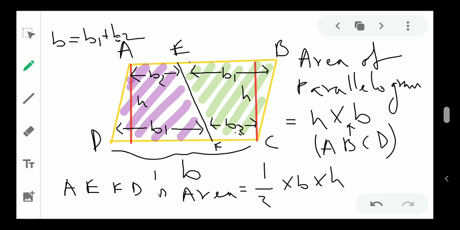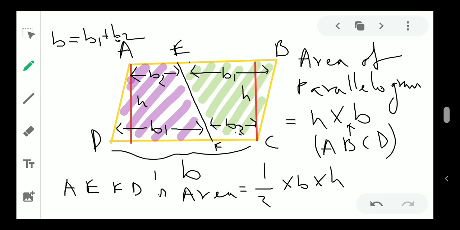So that's why we can write B is equal to B1 plus B2, because I have divided this parallelogram in such a way that it creates two exactly same size trapezoids.